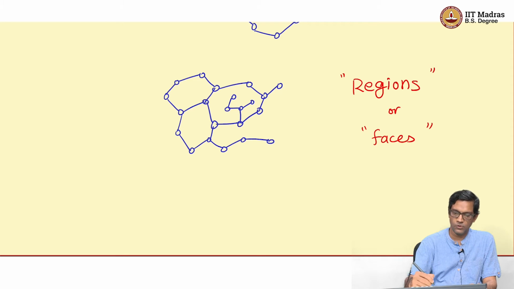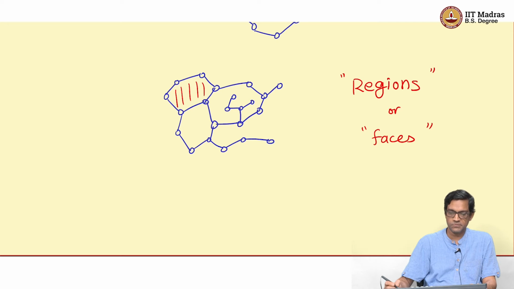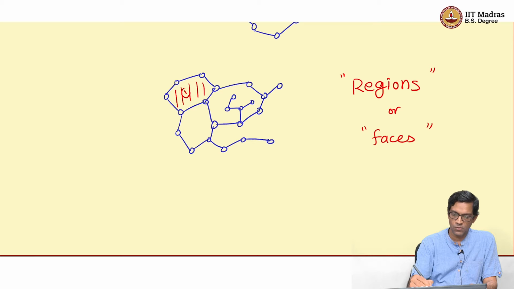So what do I mean by that? It is a subset of the plane which is bounded on all sides by the edges of the graph. So here is one region. So let's maybe number the regions. So here's region number 1, here's region number 2. This entire thing here is region number 3.